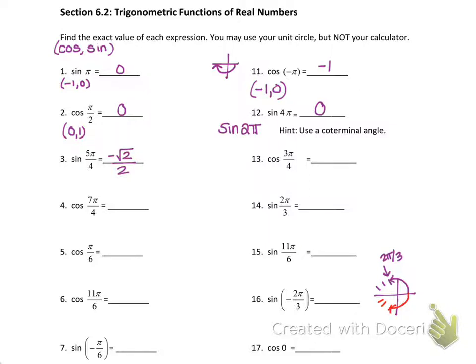So it's the same distance, it's just going clockwise, and this is where we get 4 pi over 3. And at 4 pi over 3, our sine value is negative root 3 over 2. So you could use coterminal angles, or you can just go the distance that it's giving you, but just keep in mind negative is clockwise and positive is counterclockwise.